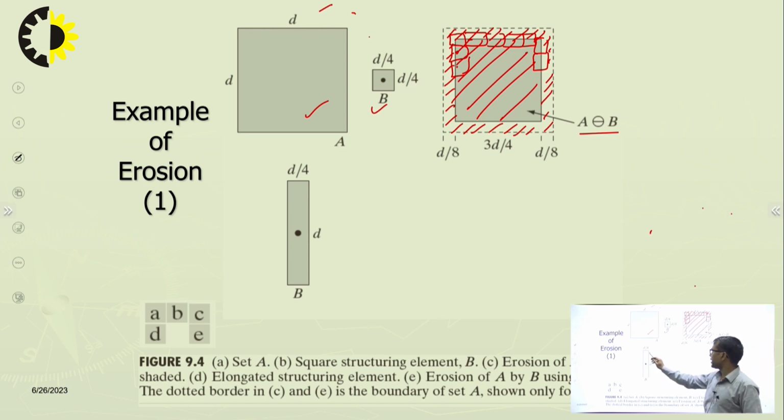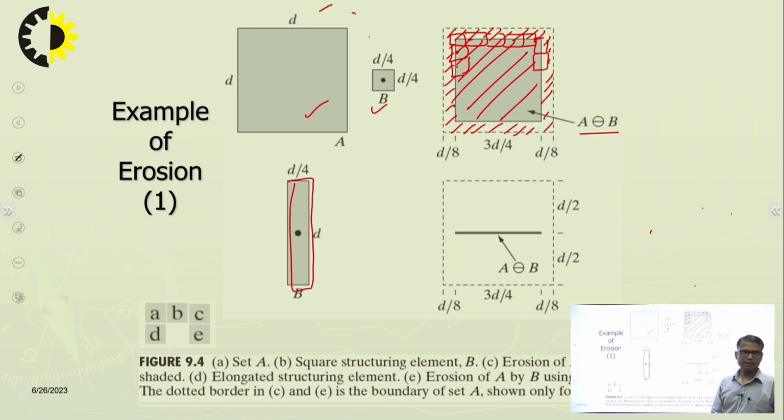Now, if we take another shape, a vertical stride. Okay, so you can see what will happen on the A. We can imagine simply that there will be more impact towards the top and the bottom of the object. So, we can see this particular area is eroded and this particular area is eroded.